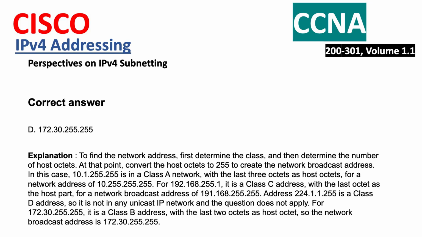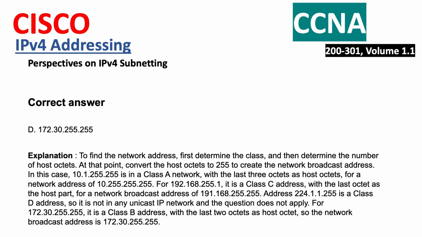172.30.255.255. To find the network broadcast address, first determine the class and then determine the number of host octets. At that point, convert the host octets to 255 to create the network broadcast address. In this case, 10.1.255.255 is in a Class A network with the last 3 octets as host octets, for a network broadcast address of 10.255.255.255.